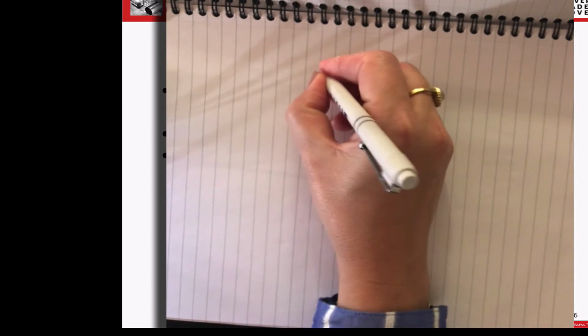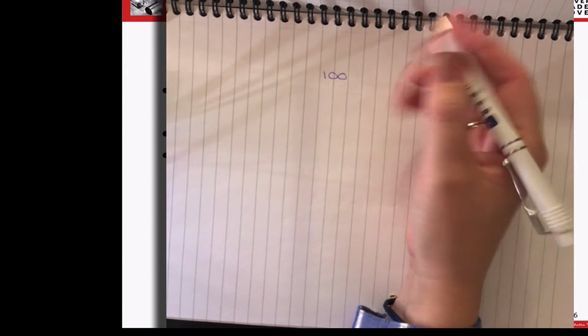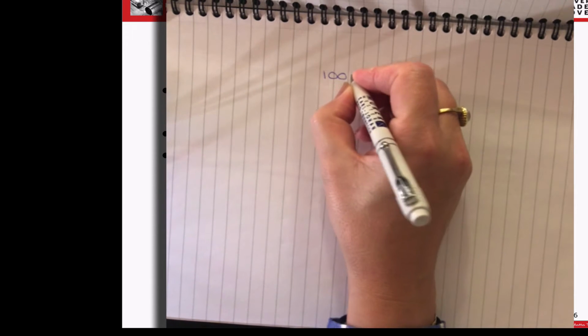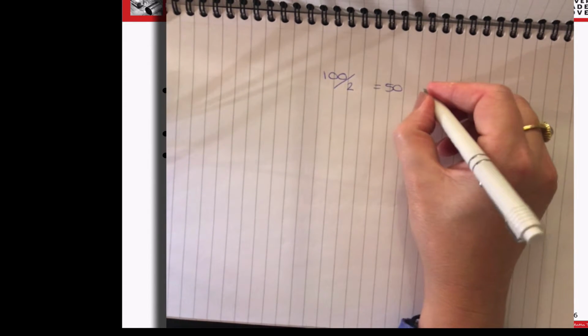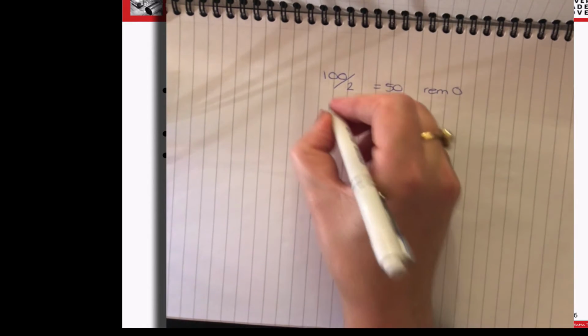So here, if I have the number 100, I would like to find the binary number for 100 in decimal. So what I do is I take 100 and divide by 2, which gives me 50. And that is a full number, so I have a remainder of 0.